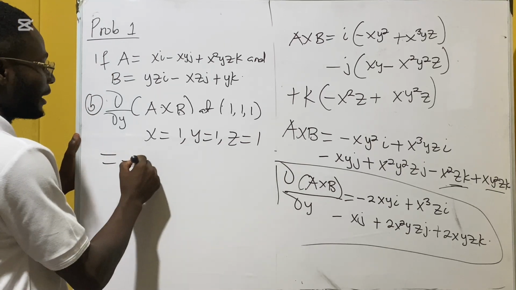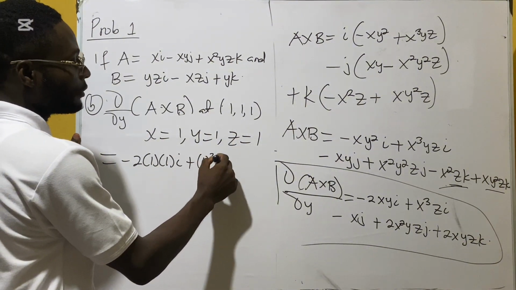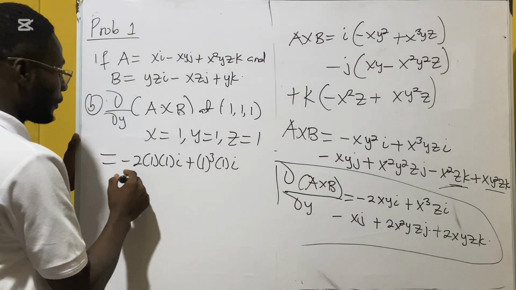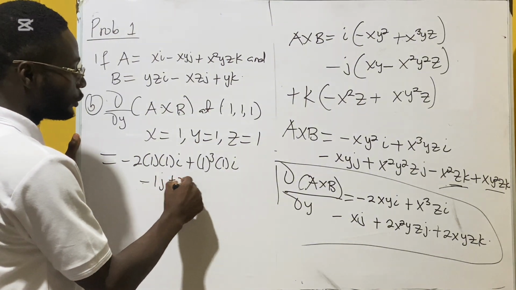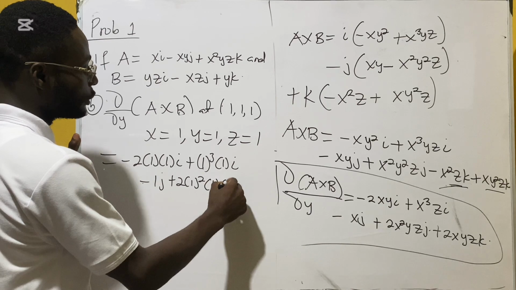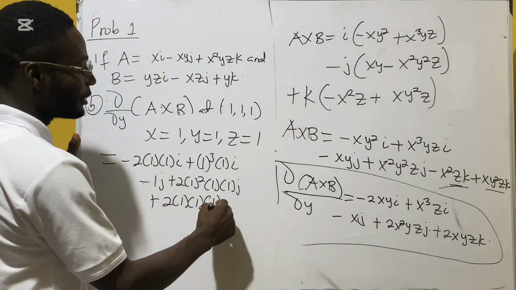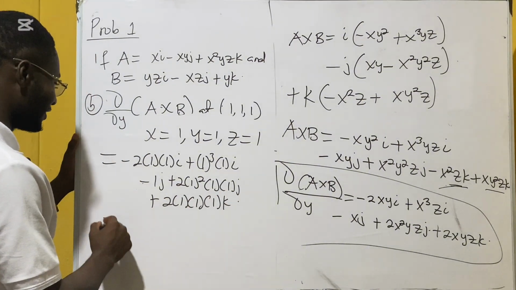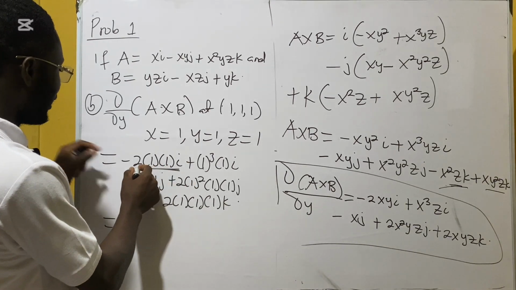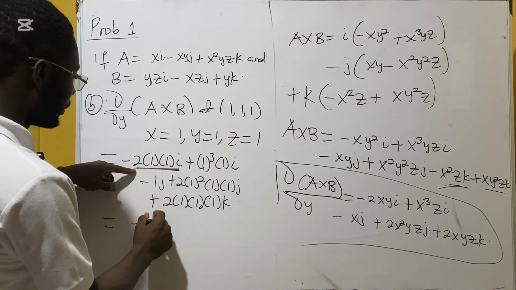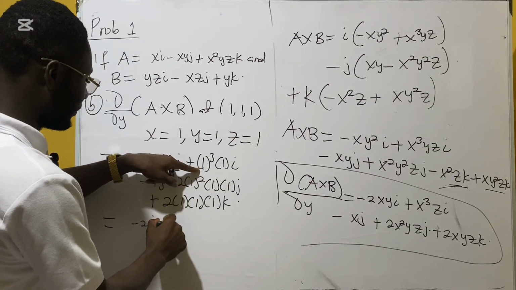So we're going to have negative 2 into 1 into 1 i plus 1 cubed into 1 i, plus negative 1 j plus 2 into 1 squared into 1 into 1 j plus 2 into 1 into 1 into 1 k. So negative 2 times 1 is negative 2i, then 1 cubed times 1 is 1, so plus i.